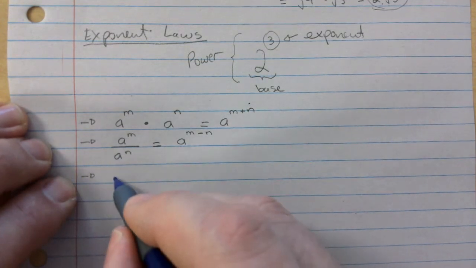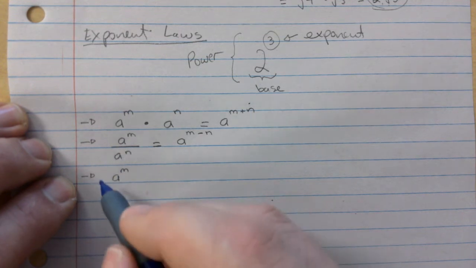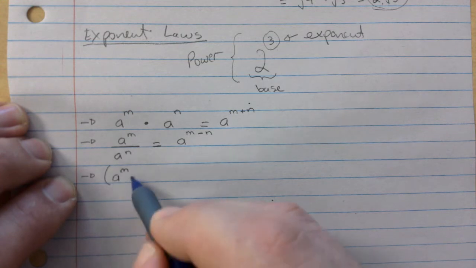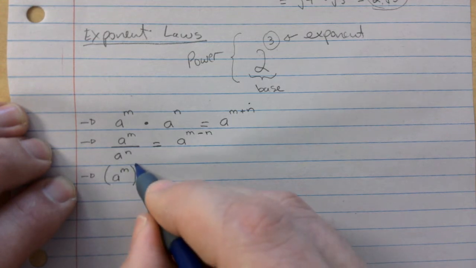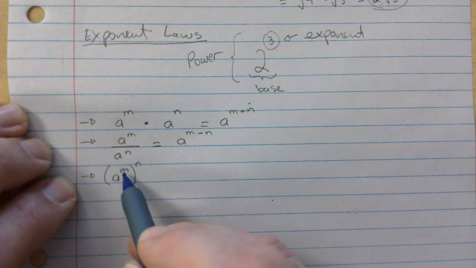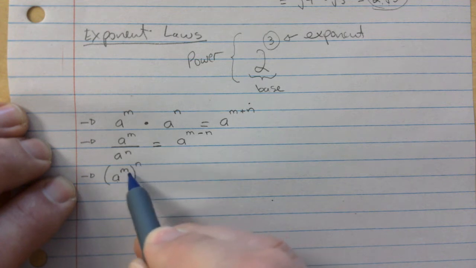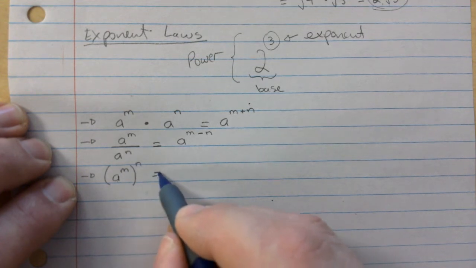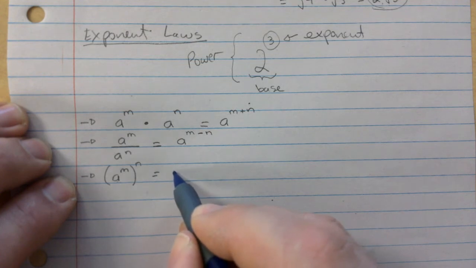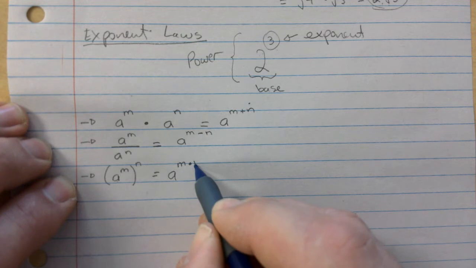They have names, but maybe I'll talk about the names later. If you have a to the power of m and all of that to the power of n, this is called power of a power, then you multiply them. Then it's a to the m times n.